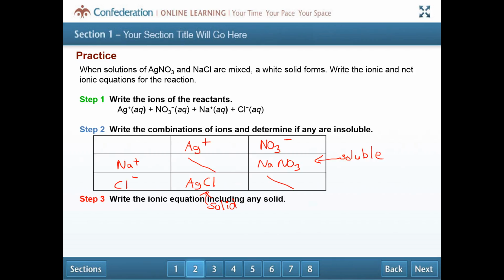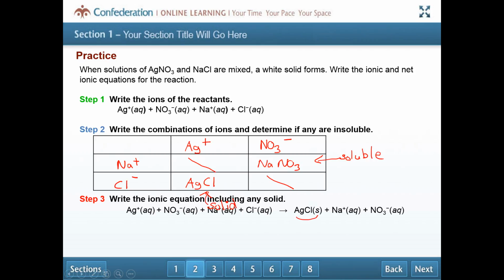All right, so then we can write the ionic equation, including the solid. Sorry, I've got my writing right over the equation. But this is what our net ionic equation would look like with all of our ions. And then there's our solid, the silver chloride right here.